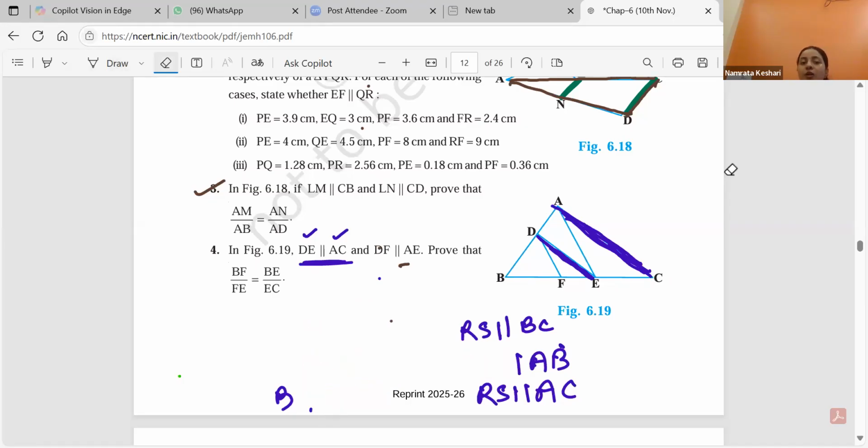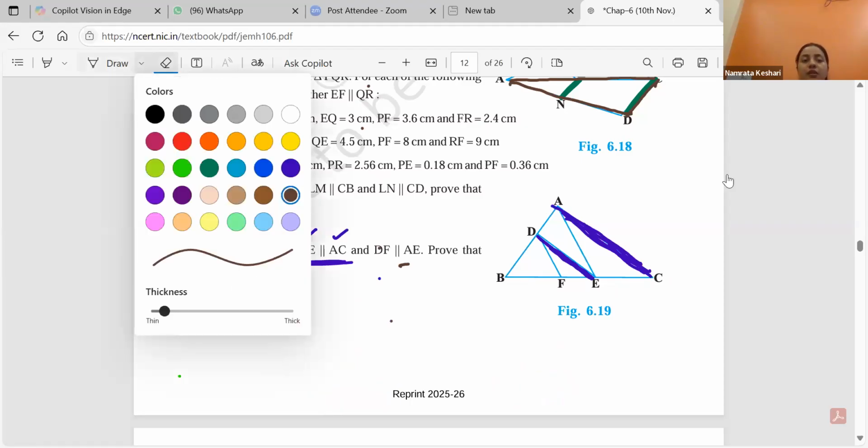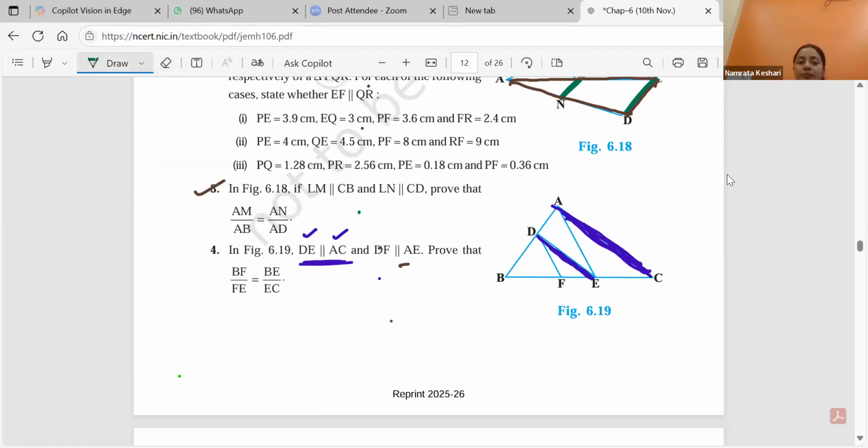I have already highlighted DE and AC. You have to name the triangle. Who will name? Can I say triangle ABC? Straightforward ABC. Yes or no?